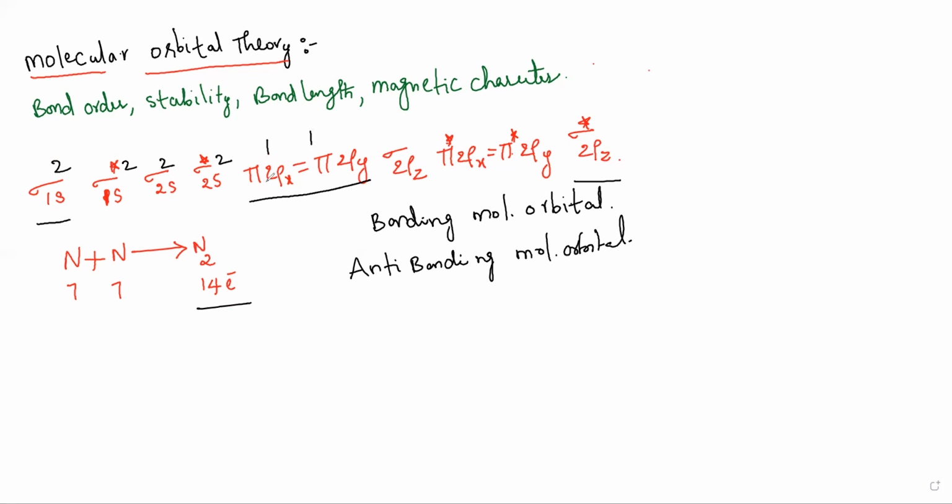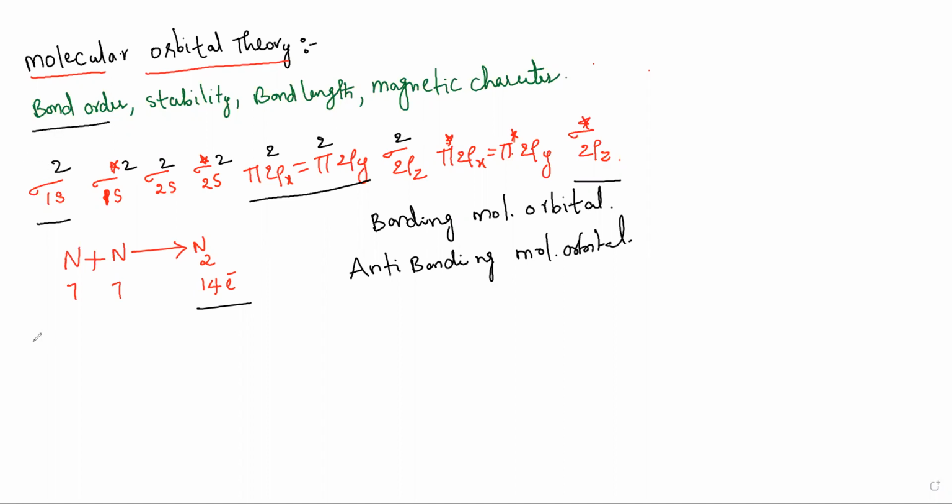If electrons are still available, then you pair those filled electrons. Since we have more than the required electrons here, I am directly filling 2 and 2. So we have filled 1, 2, 3, 4, 5, 6, that is 12 electrons. Just 2 more electrons are there, and I am filling those 2 electrons here. So in total we filled 14 electrons. After filling this, we can understand all these applications.